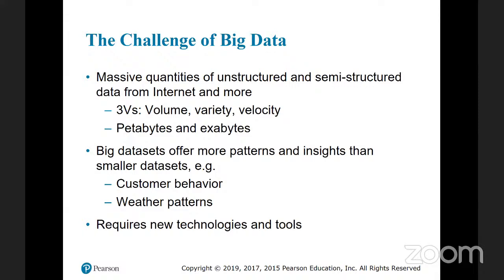How dare they do this? As it turned out, the teenager did not know that she was pregnant. So certainly the father didn't know she was pregnant. But the point is, based on the pattern of what she was doing, they had made some guesses, and then they had sent out promotions based on the patterns, because customers that are like this act like this, and apparently some of those things are predicting things that are unexpected.